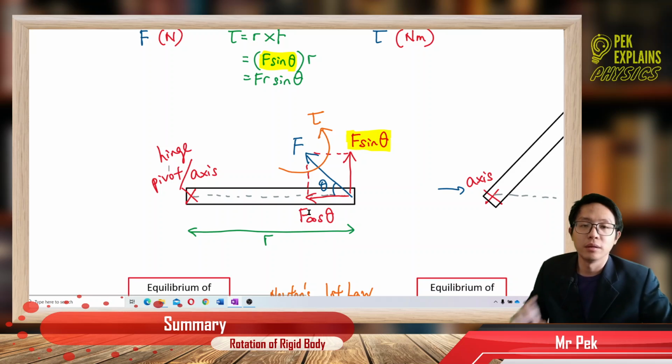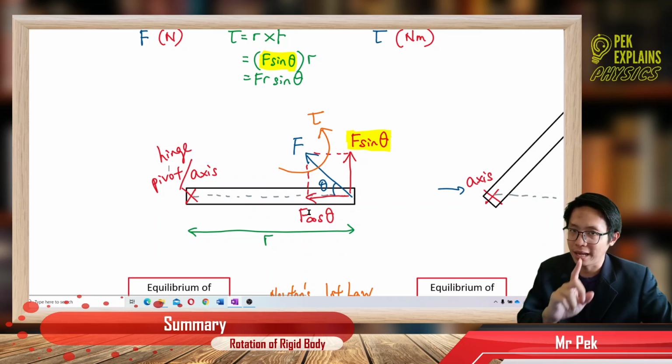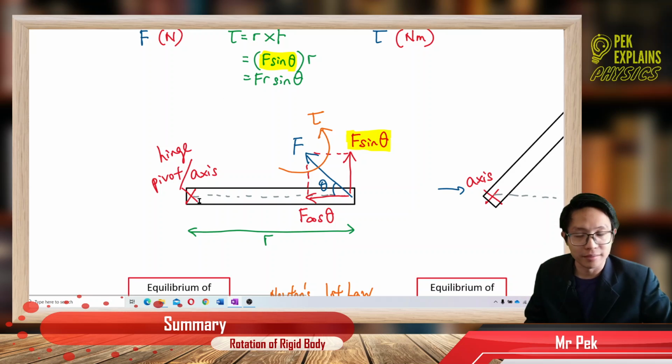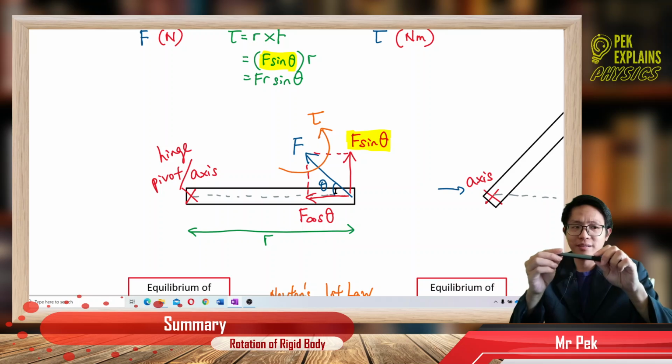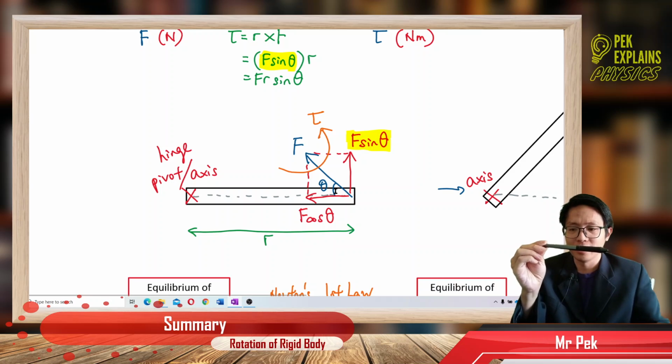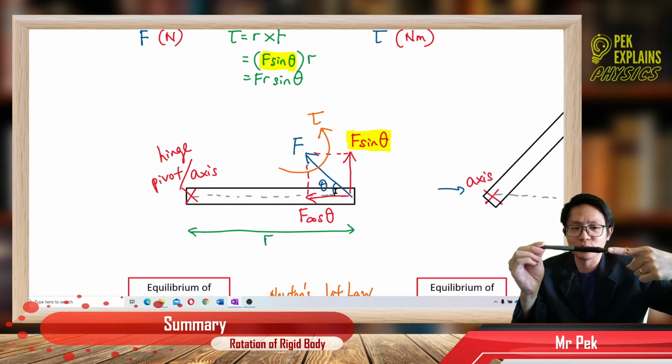Which force will make this object rotate? Is it F cos theta or is it F sin theta? Will F cos theta make the thing rotate? I fix it over here, I push it this way. Will this thing rotate? No, it won't rotate.